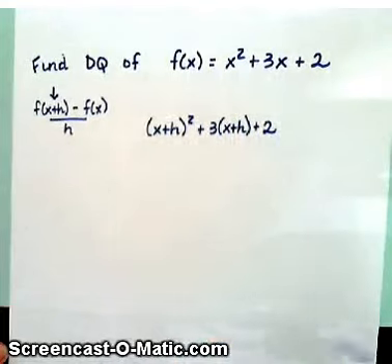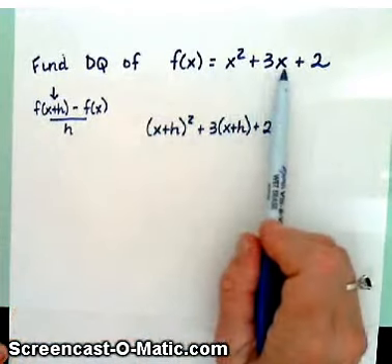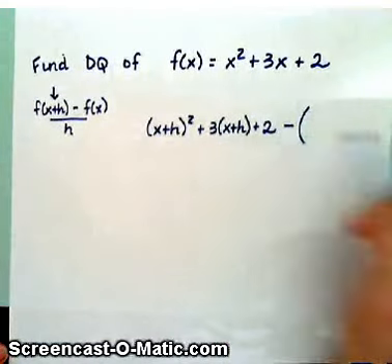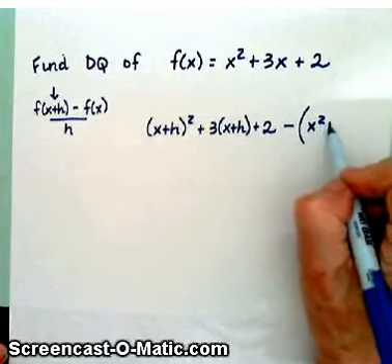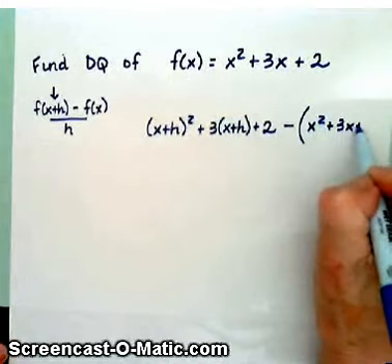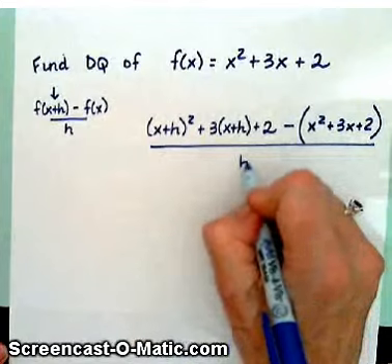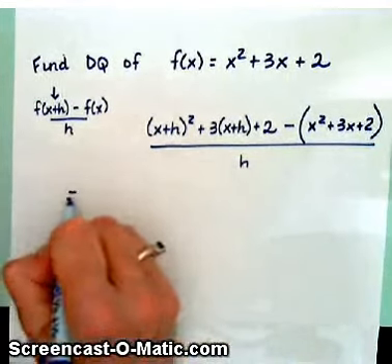Now you see that's the function f of x plus h. That's an x plus h here, and then just the 2. Then minus, here are parentheses so we can keep our signs right, (x squared plus 3x plus 2), and all of that over h.